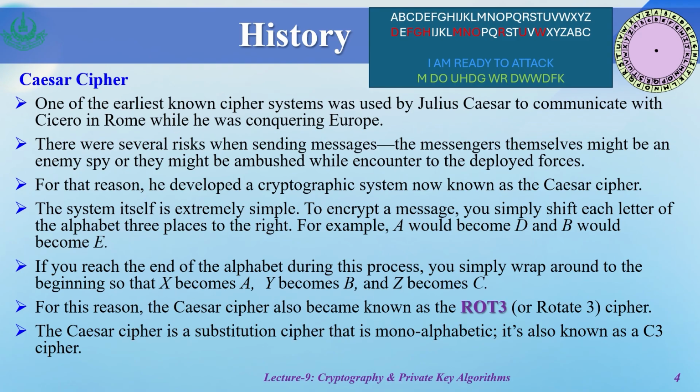The Caesar cipher is a substitution cipher that is monoalphabetic. It's also known as the C3 cipher.